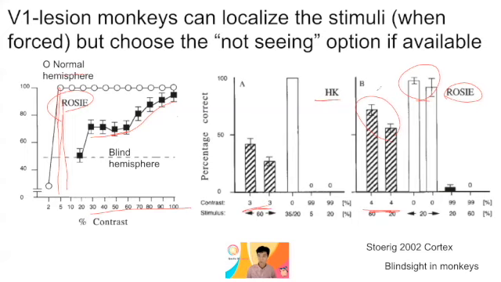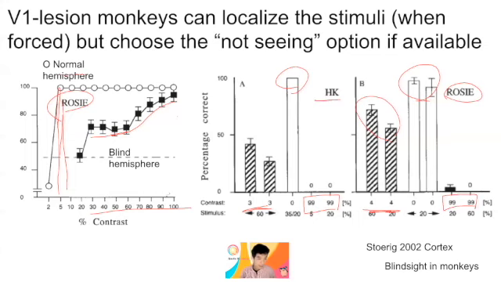But both Rosie and HK press the button for no, I didn't see it, when the stimulus is presented in the blind field with 99% contrast here and here.